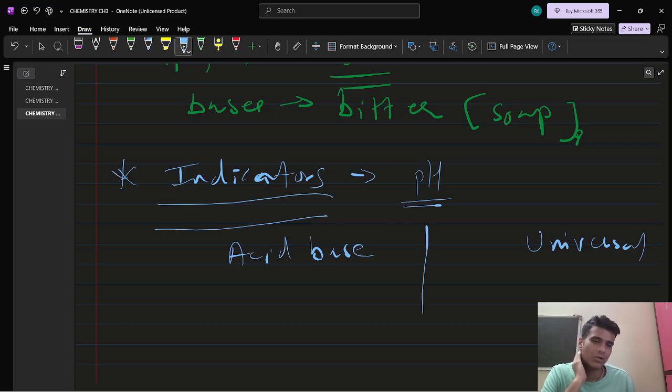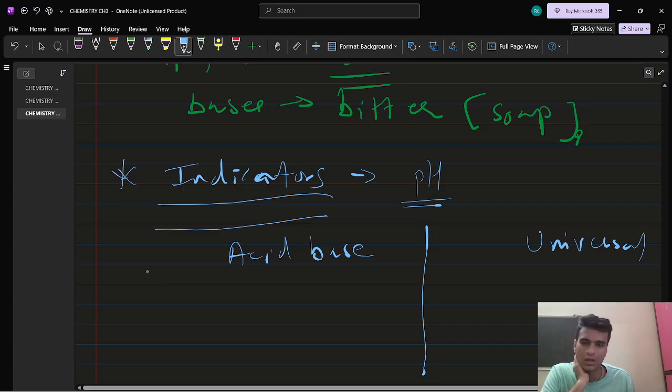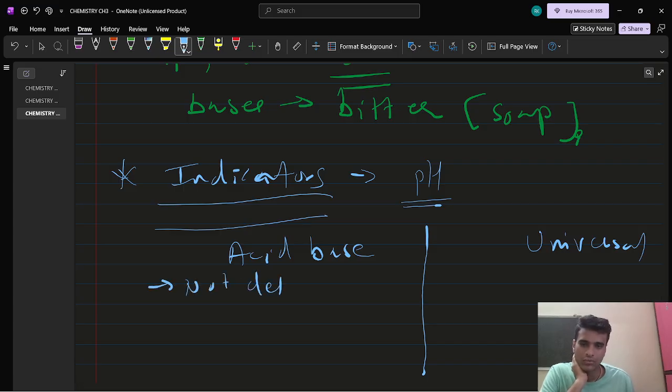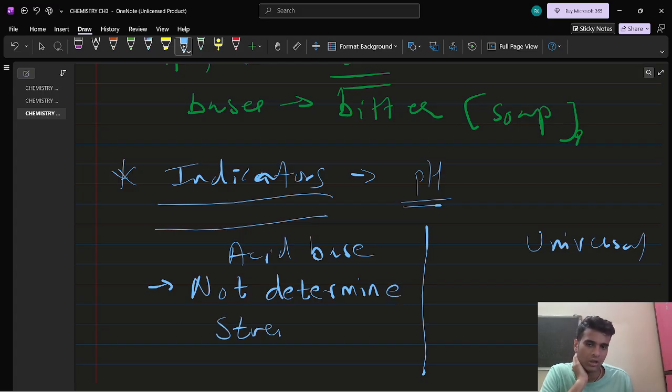So acid base indicators do not determine strength. मतलब acid base will tell if it is acidic or basic.